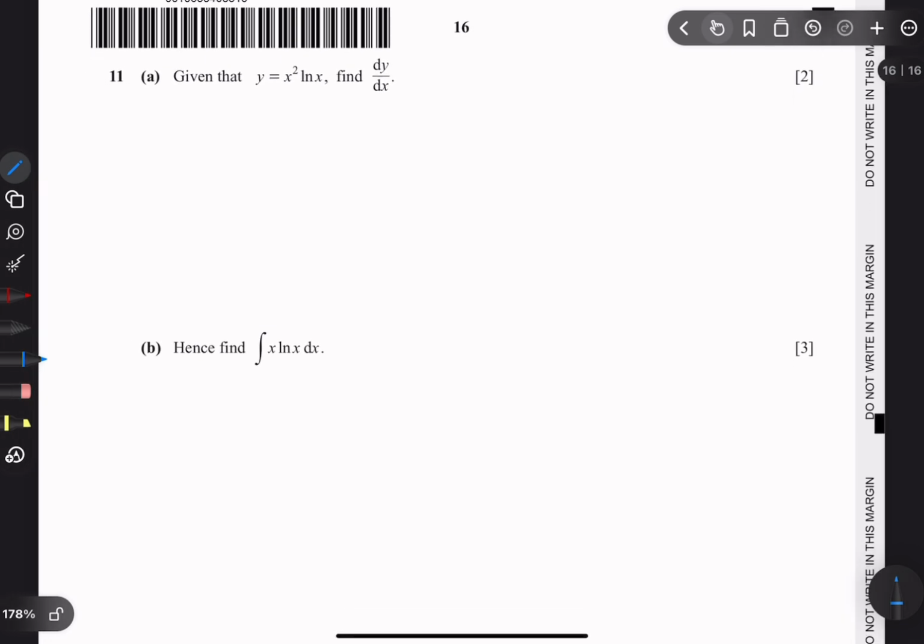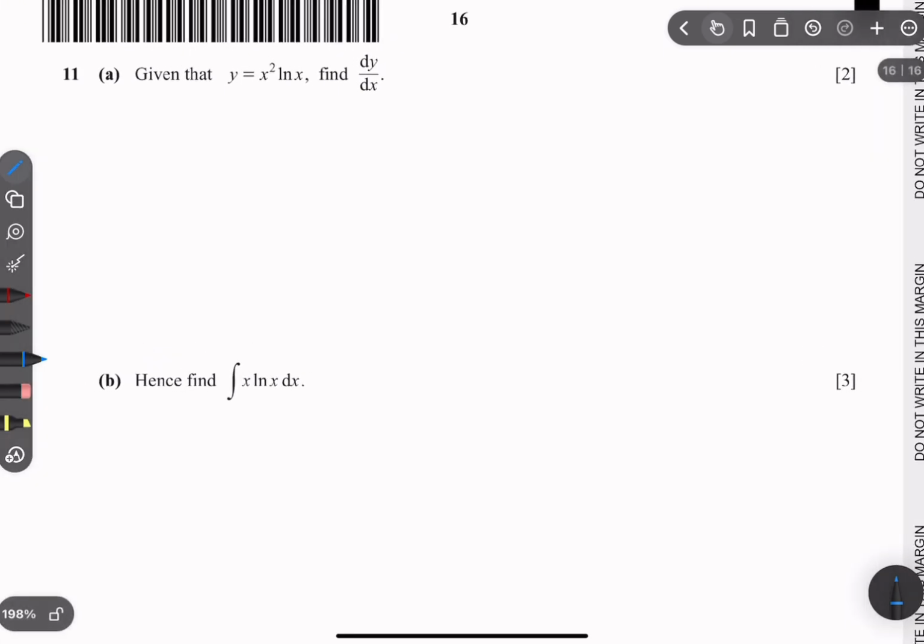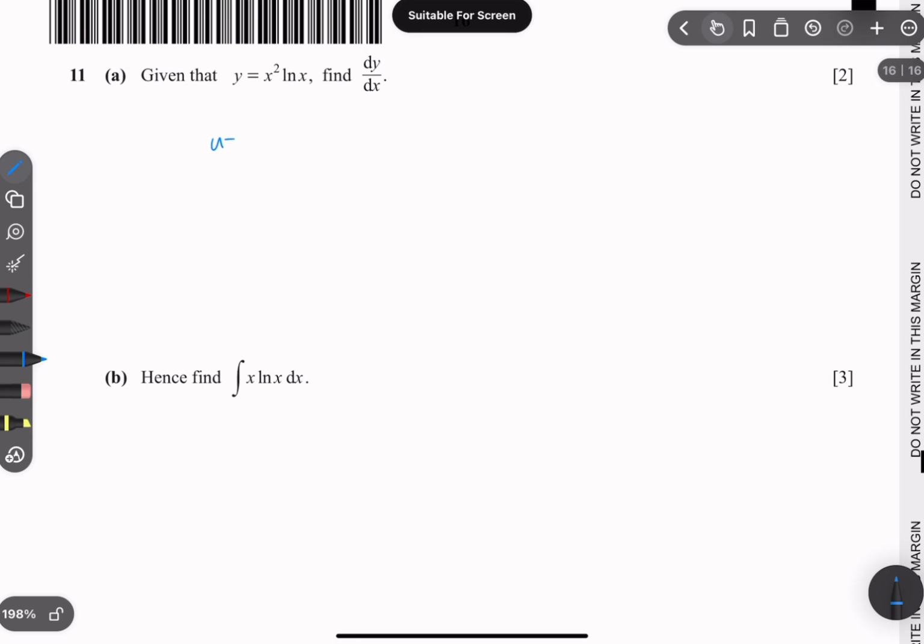Okay, question 11, last question. Given that y equals x squared ln x, find dy/dx. Okay, so we can use the product rule. Let u equal x squared and let v equal ln x. Then you find the differentiation.